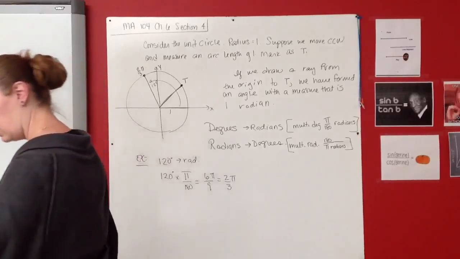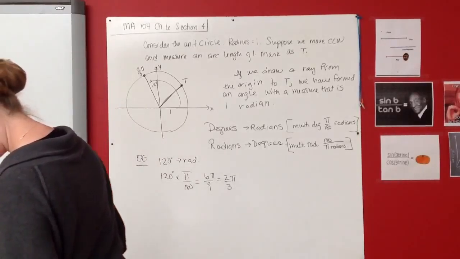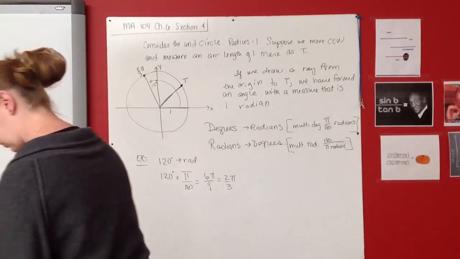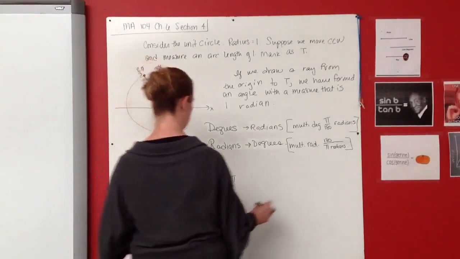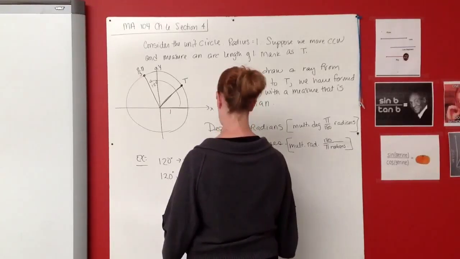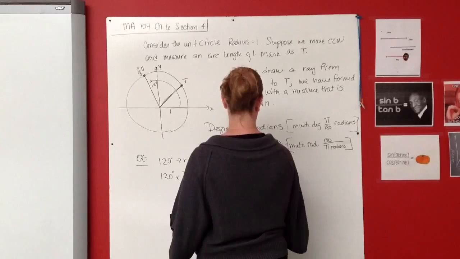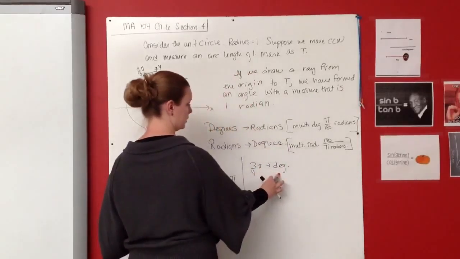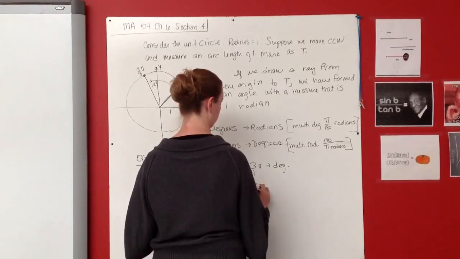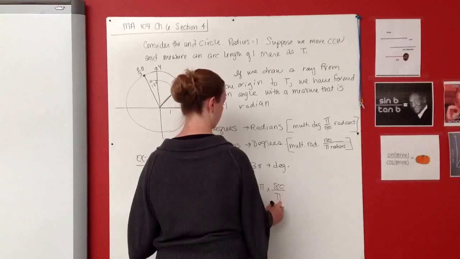Okay? Another example would be if we wanted to convert 3/4 pi radians to degrees. We're going from radians to degrees, so we would multiply the 3/4 pi times 180 divided by pi radians.